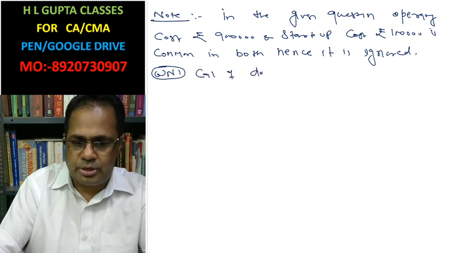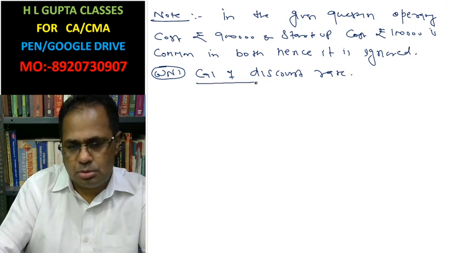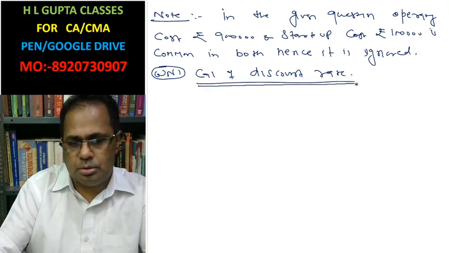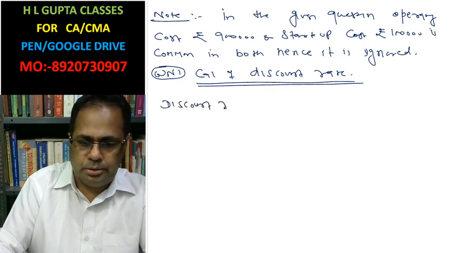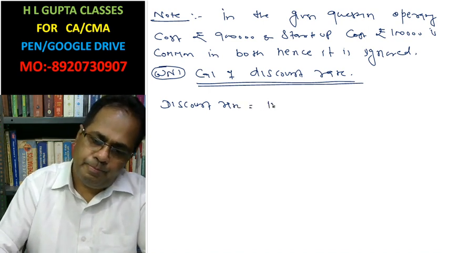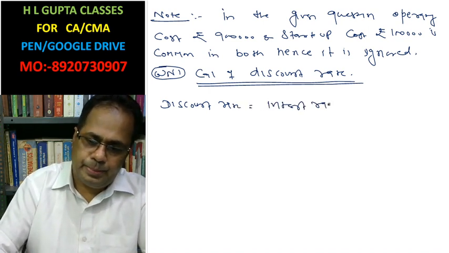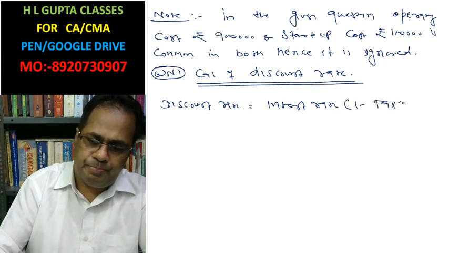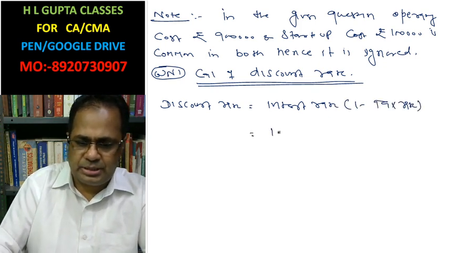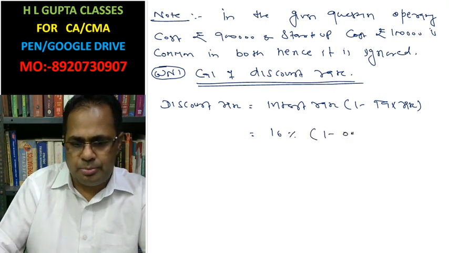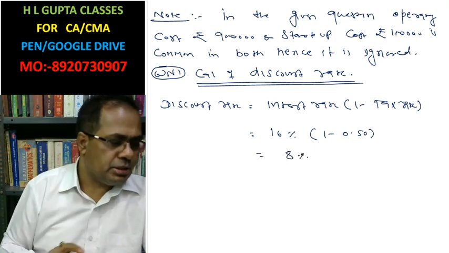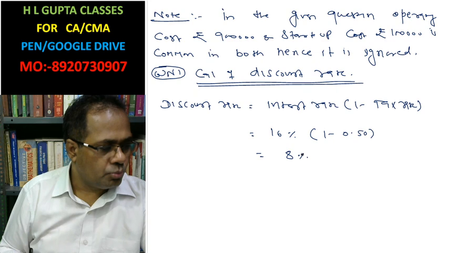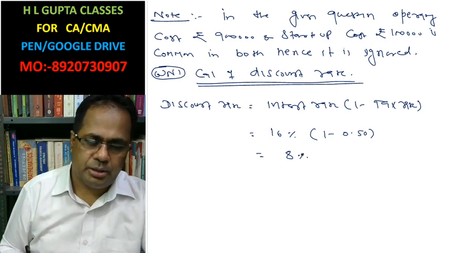Calculation of discount rate: discount rate equals interest rate times (1 minus tax rate). Interest rate given 16%, 1 minus tax rate equals 50%. It is your 8%. Discount rate is 8%. Now we can calculate annual lease rent.